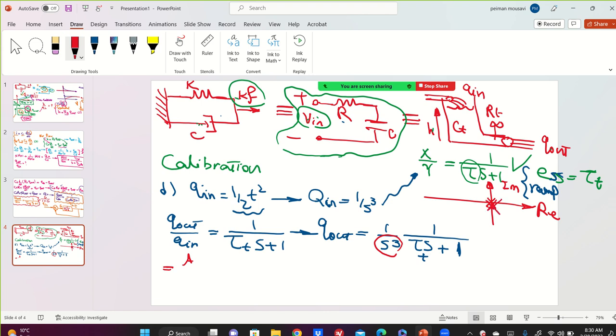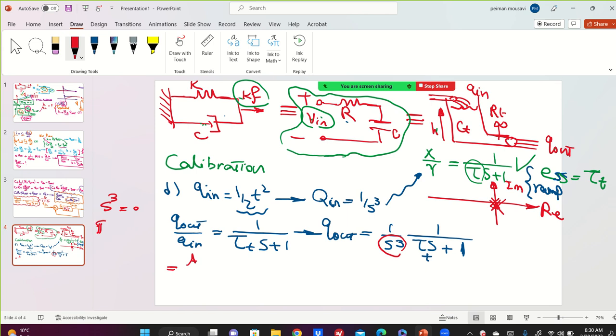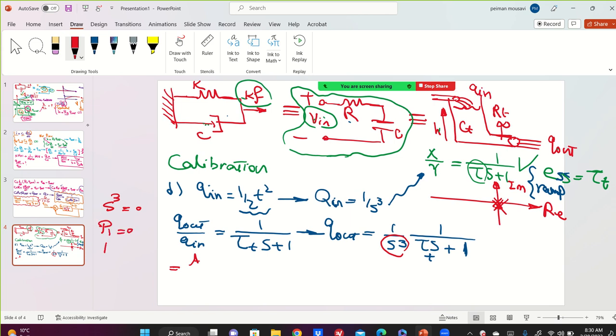We cannot eliminate those, because you have to say P1 is 0 because it's third order, P2 is 0, P3 is 0. Another pole is here, minus 1 over tau. So the transfer function Q out has 4 poles.